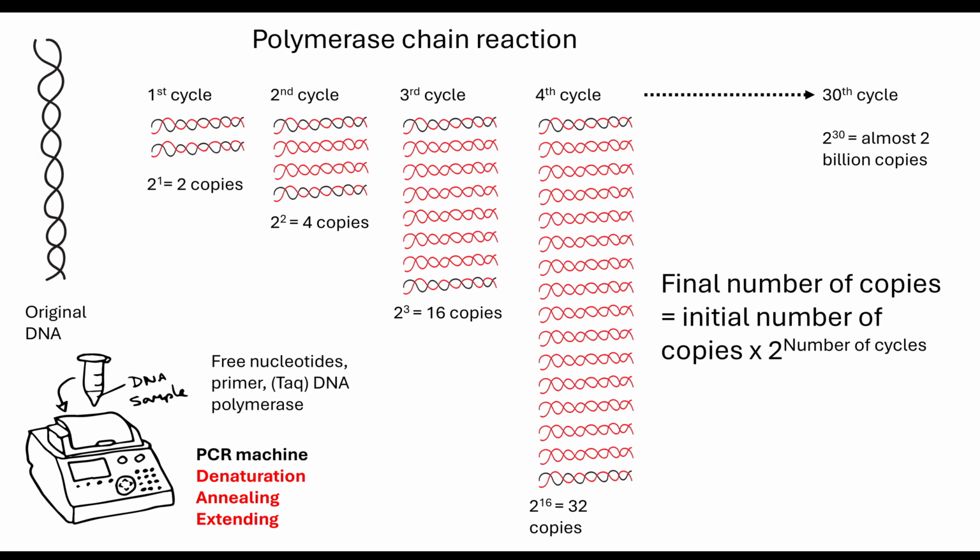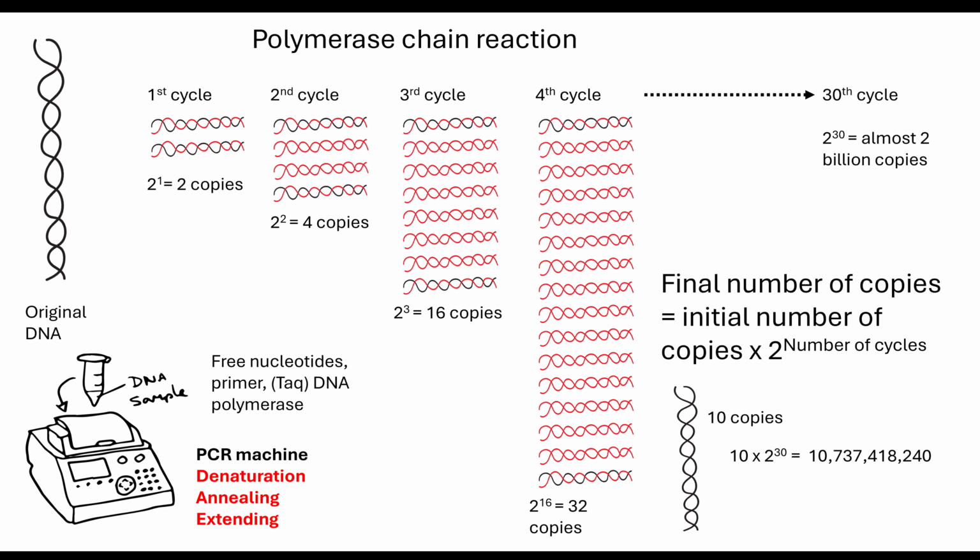Now it's important to note that to figure this out, we take the final number of copies is our initial copy, 1 in this case, times 2 to the power of the number of cycles that you have done. So if we've got 30 cycles, we therefore would do 1 times 2 to the power of 30. Well, what if we have 10 copies? It's the same process.